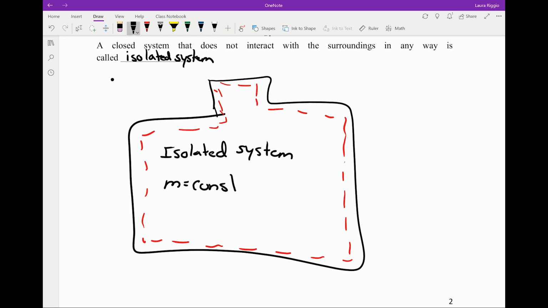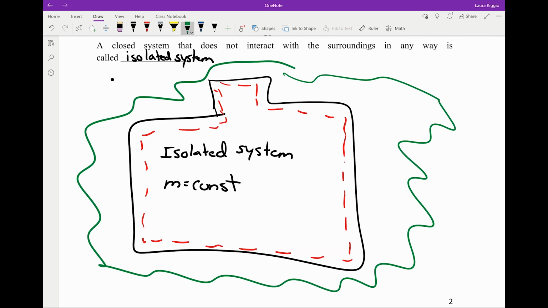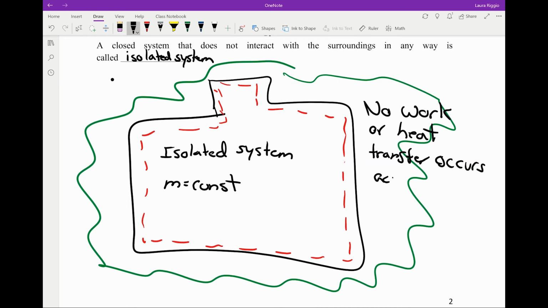Again, it's a closed system, so my mass is constant. All out here is my surroundings. Since it's an isolated system, no work or heat occurs across our boundary.